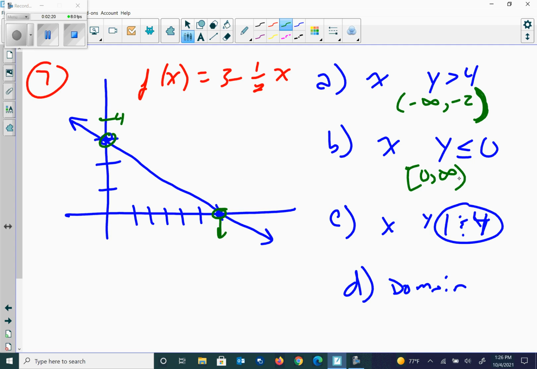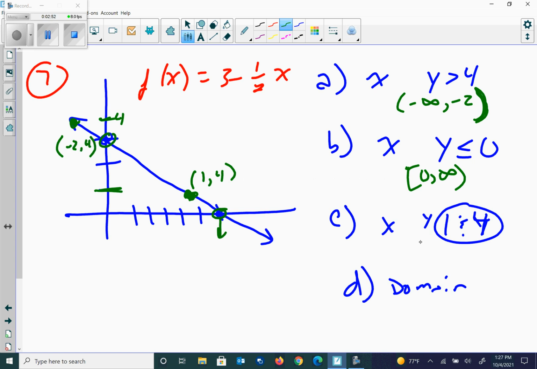Next one, between 1 and 4, because they're my y values. So between 1 and 4, this comes over to right here. At 1, that looks like it's at 1 comma 4 roughly. And y value between 1 and 4. And then this value here looks like it's -2, 4.